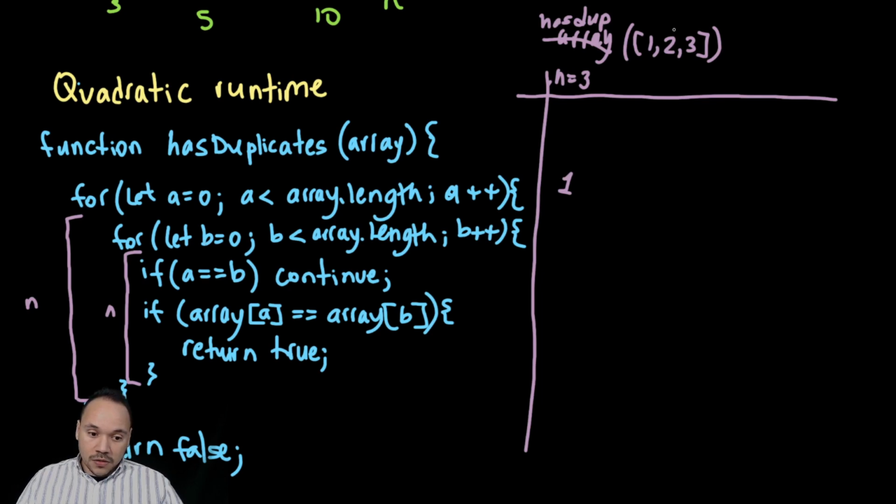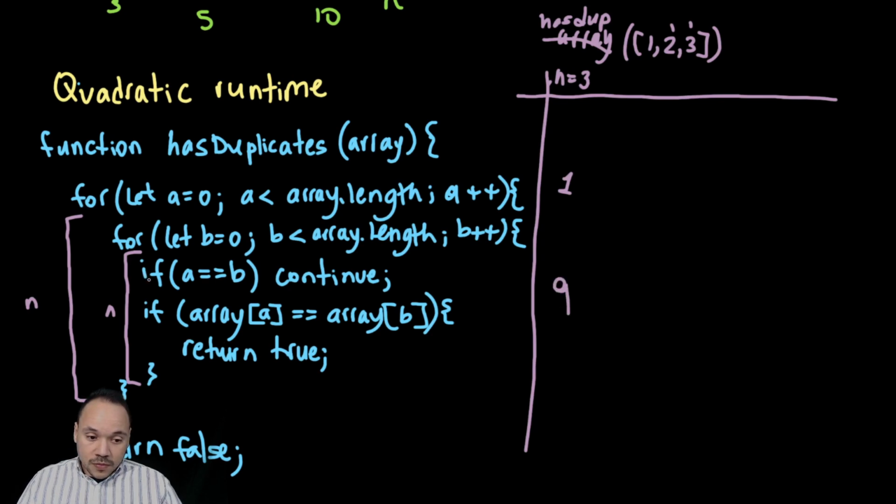And then B is going to advance to position 1, then position 2, and then A is going to move to 1, and then it's going to compare. So it's going to go through each element twice in a nested fashion. So what we have here is n by n. If it's 3, we're going to have this little piece in here executed 9 times.